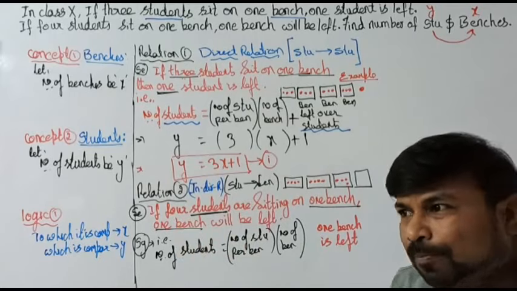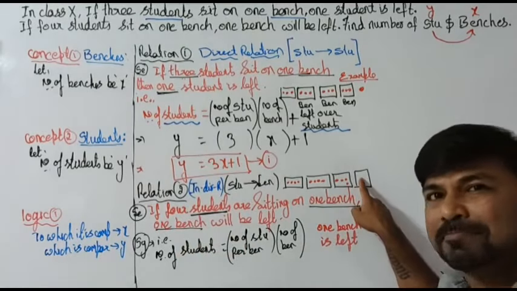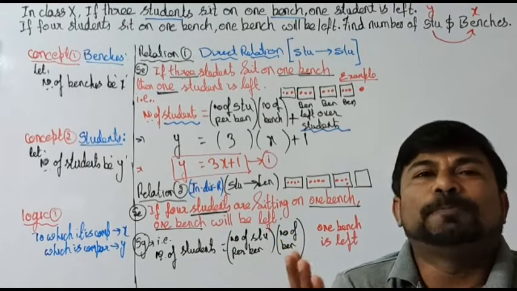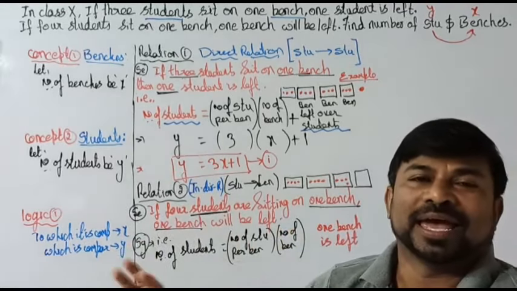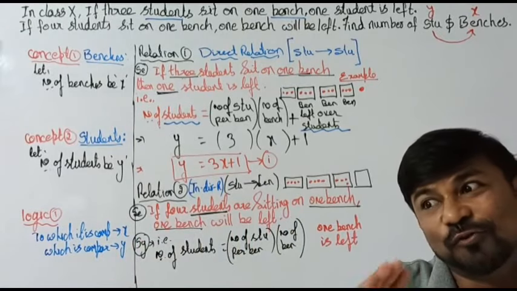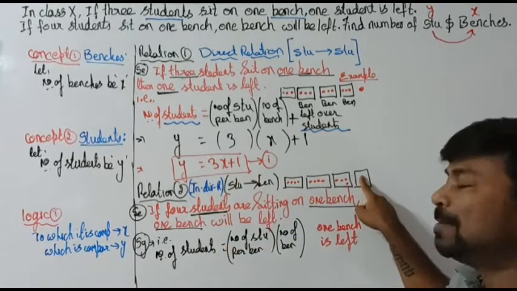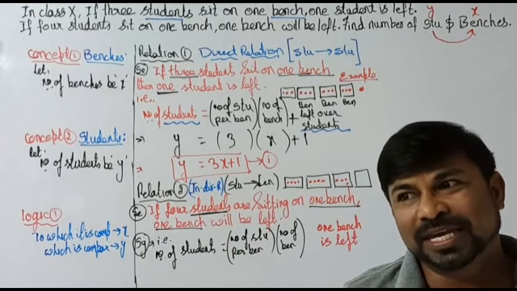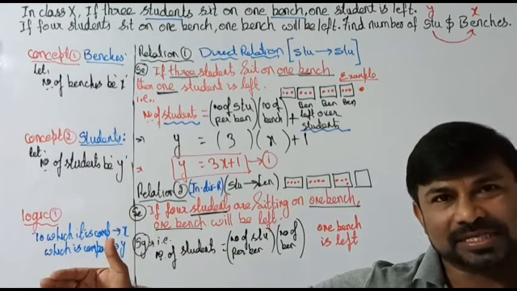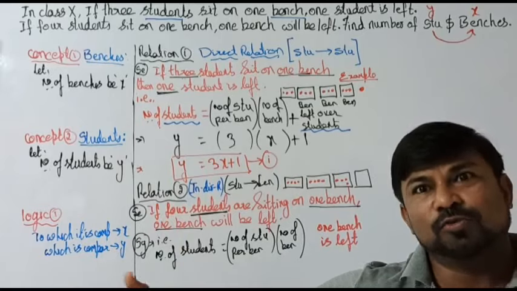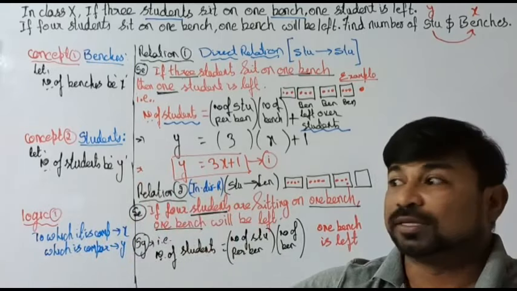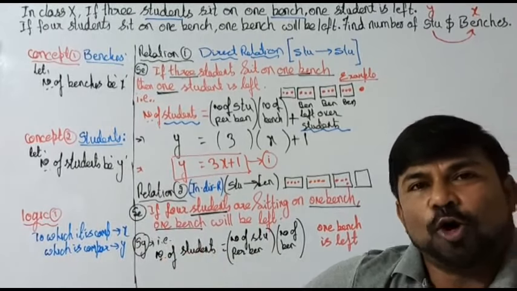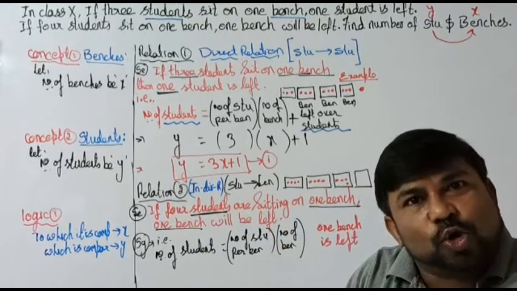Means a bench is left, which means a place for 4 people is left over there. So if I say 1 bench is left, how many people can sit on 1 bench? 4. Means a place in which 4 people can sit is left over.